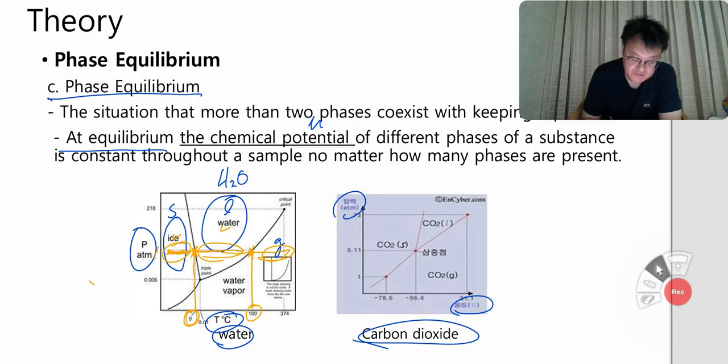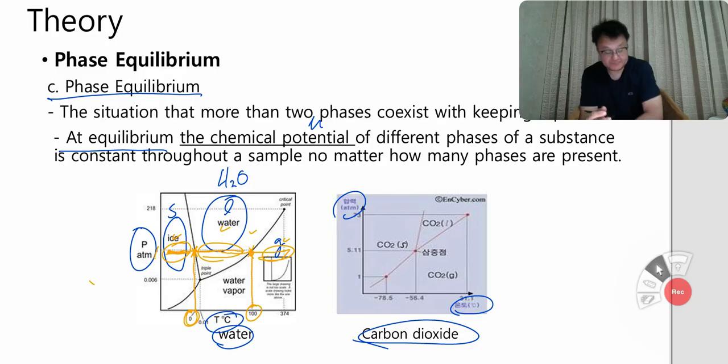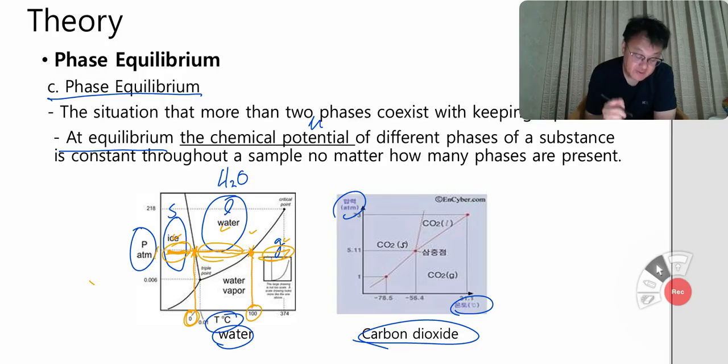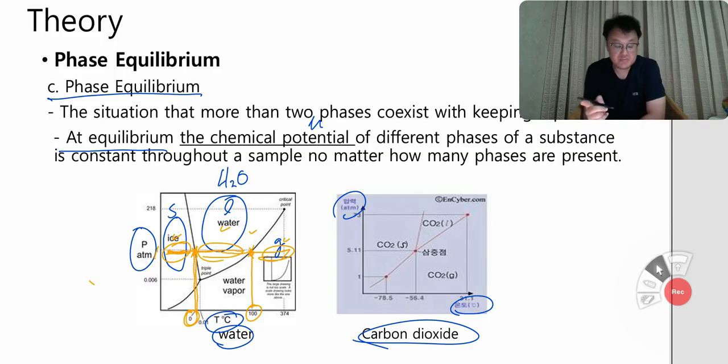At this point, liquid and gas show the same chemical potential, right? So here you have an equilibrium at 1 atm. Here, at this temperature, 0 degrees Celsius, you have an equilibrium of the chemical potential for solid and liquid. Here again, the equilibrium between liquid and gas, right?